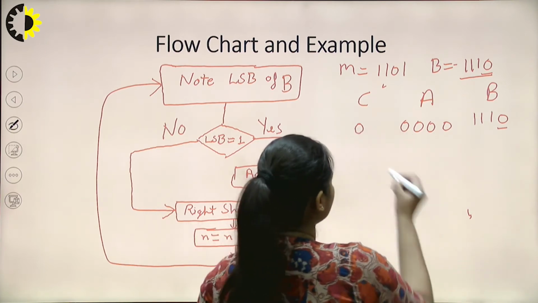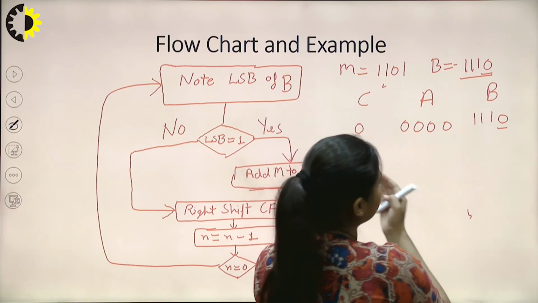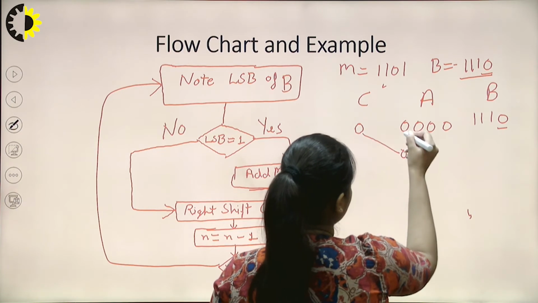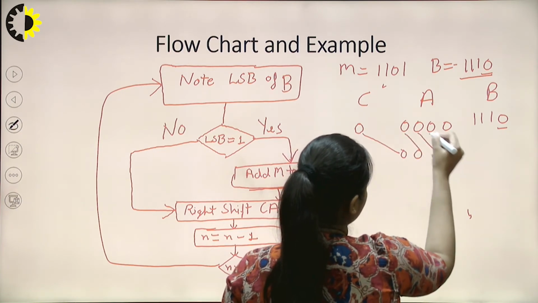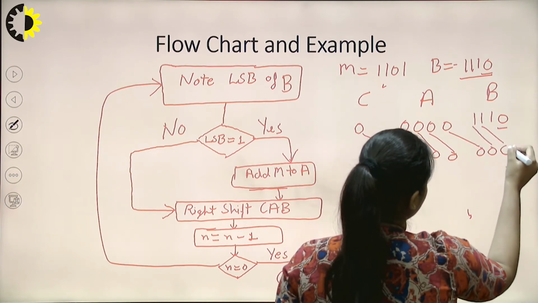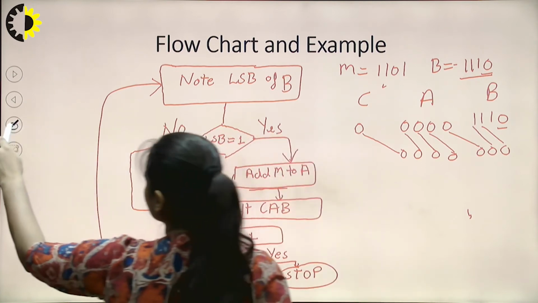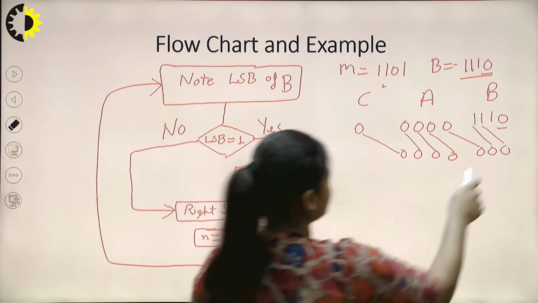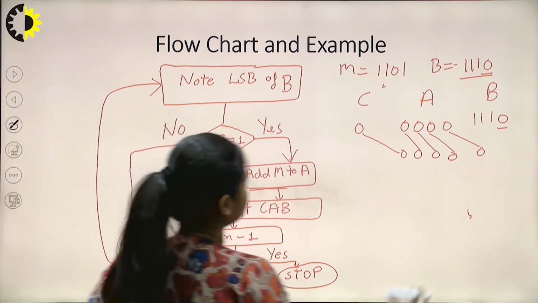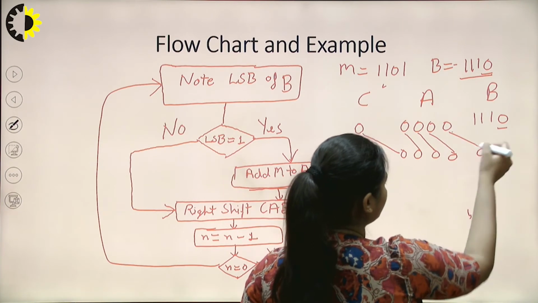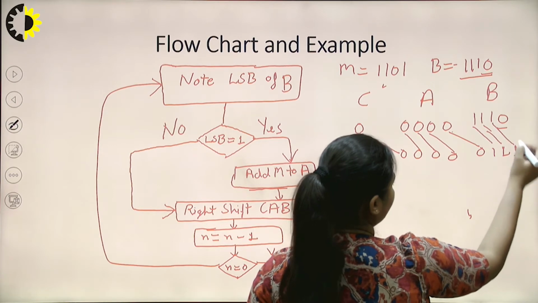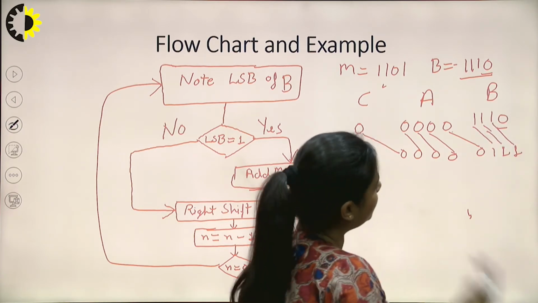What is right shift CAB? It means the value of CAB we will move by 1 bit. Like this, 0 will come here, this one here, and this 0 will go here, this one will go here, this will go here, and this bit will be discarded.